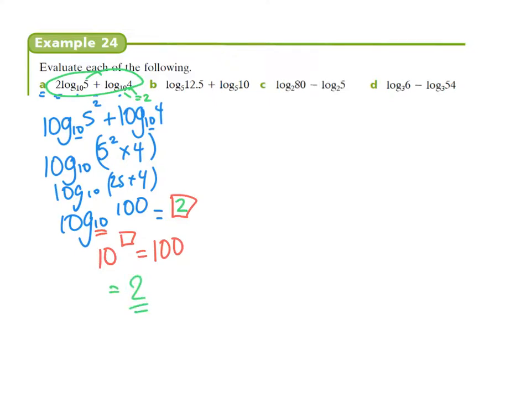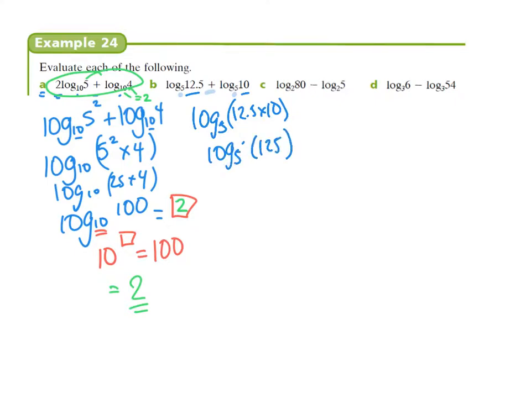Let's do B together. We're still adding. We have the same base and we have 2 different numbers there. So let's pull those together. So we have log base 5, 12.5, and we're going to multiply by the 10 in this one. So log 5 of 125.